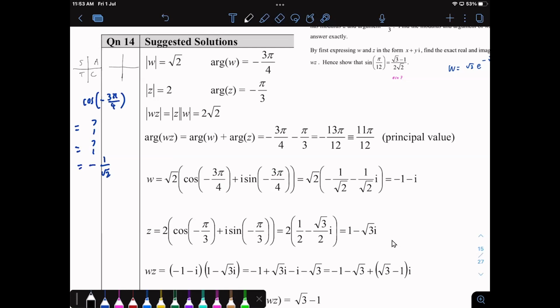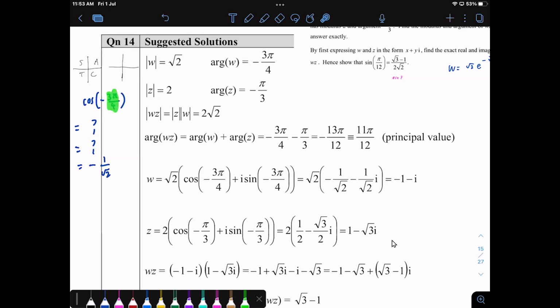3 pi by 4, if you cannot remember where it is, then just convert into degrees by multiplying by 180 over pi. So what do you get? So I find the basic angle in degrees first. Let's figure out what the degree is first.